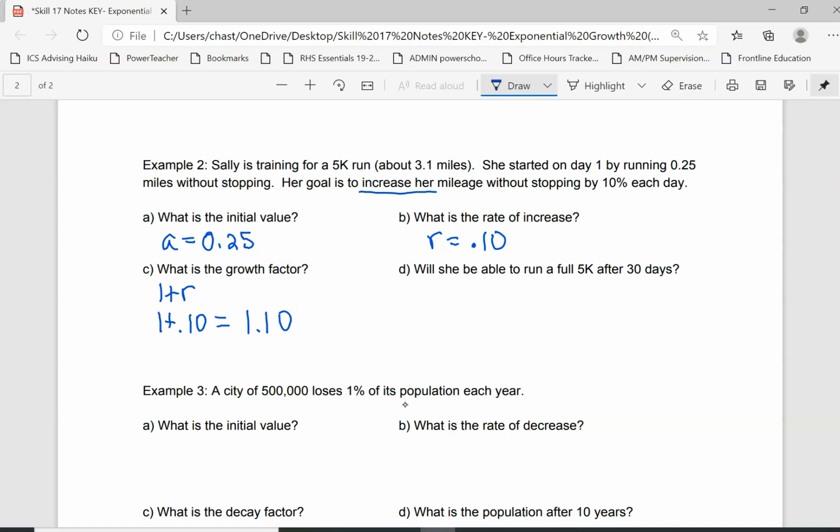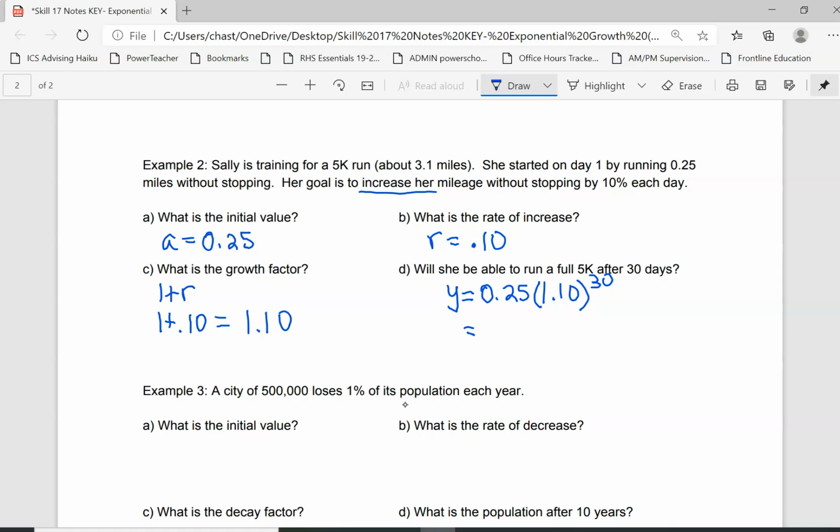The question says, will she be able to run a full 5K after 30 days? So let's write our equation. y equals a times 1 plus r to the t power. In our case, t is 30. We're going to do the exponent part first.